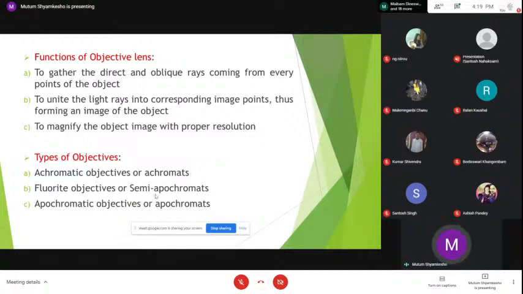And then the next type of optical aberration or lens aberration is spherical aberration. And this aberration is associated with the curved surface of the lenses.